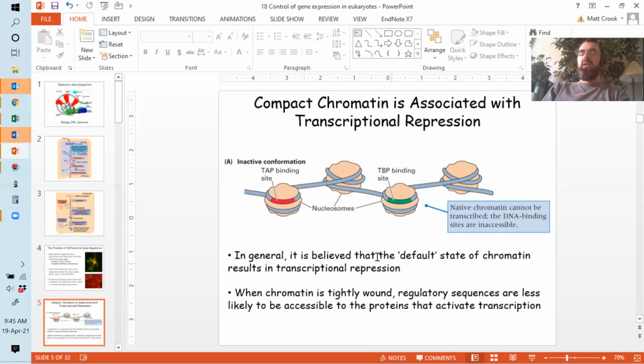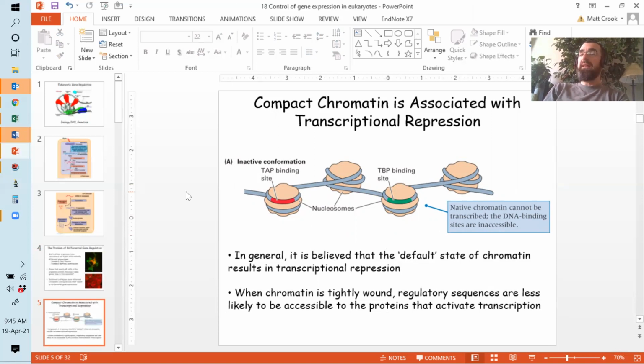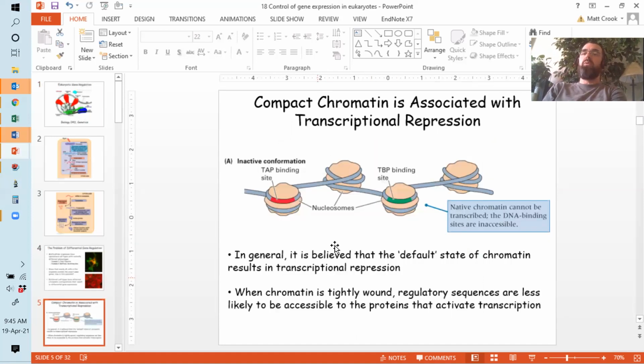And the net result is that if chromatin is compacted, the regions that are required for gene expression, for transcription, are less available. So those proteins, the TATA box binding protein, enhancers, things like that, are unable to get to that DNA.